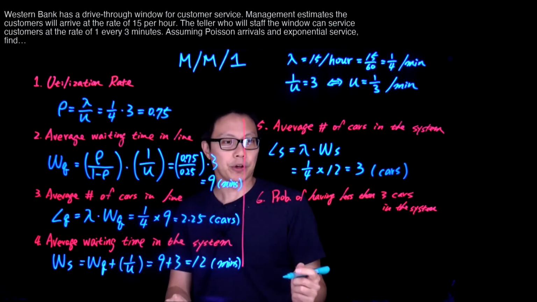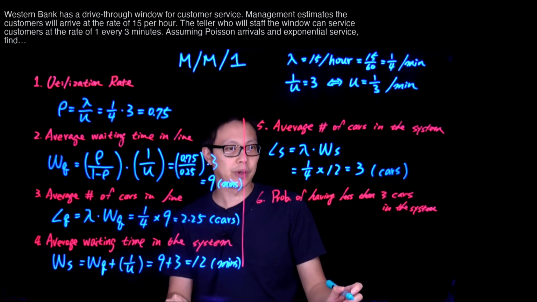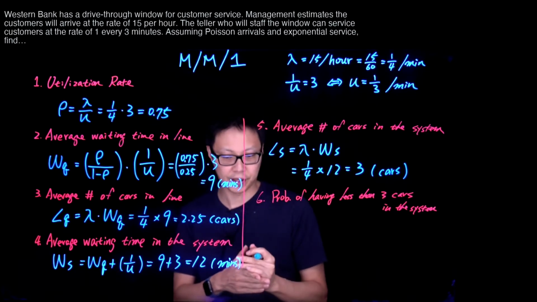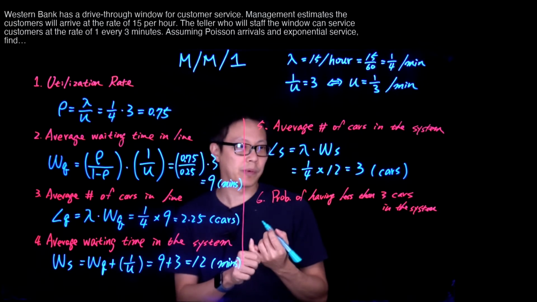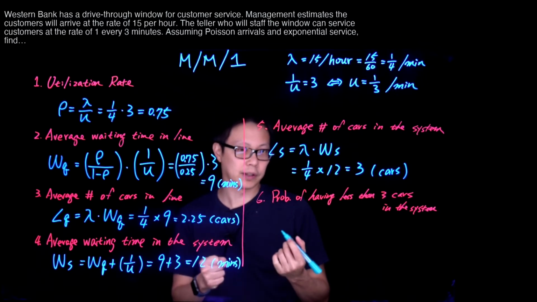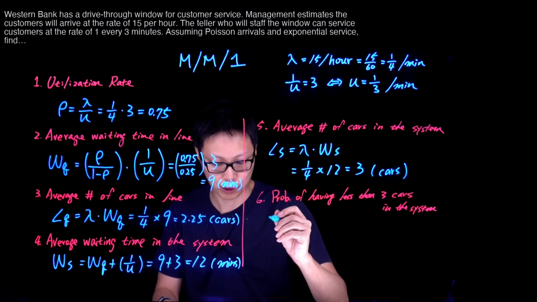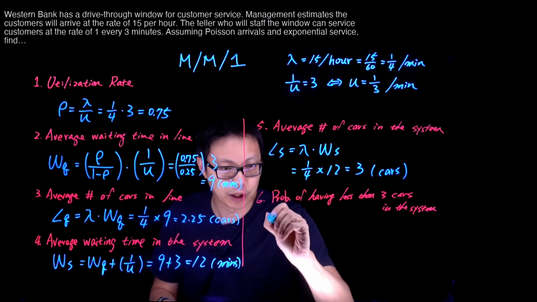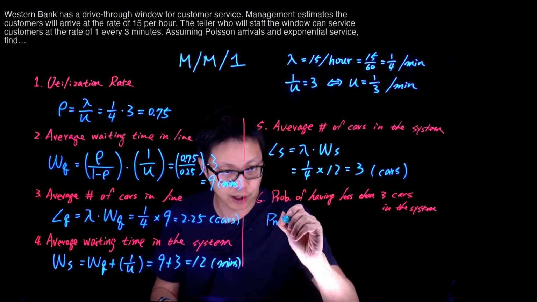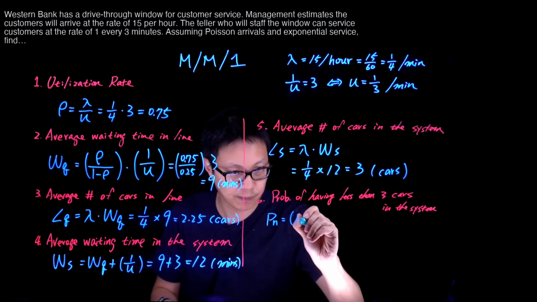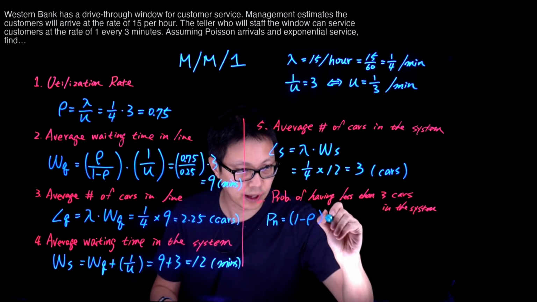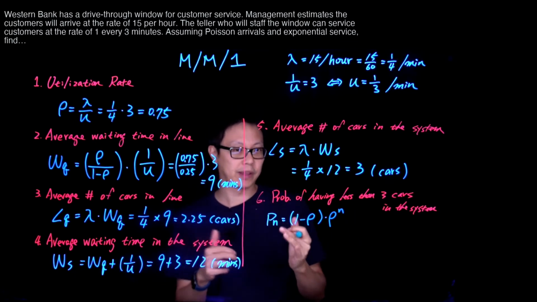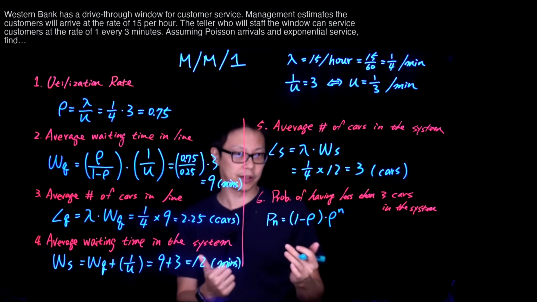Finally, for the M/M/1/Q, we can also calculate the probability of having a certain number of cars in the system. So if we want to find the probability of having less than 3 cars in the system, let me write down the formulation first. We denote Pn equal to 1 minus rho times rho to the power of n, and Pn will be the probability that you have n cars in the system.